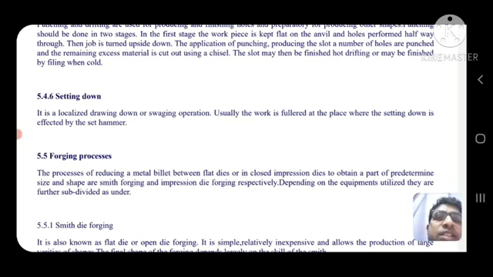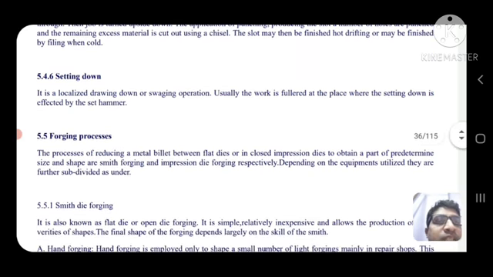Then the job is turned upside down. In the application of punching for producing a slot, a number of holes are punched and the remaining excess material is cut out using a chisel. The slot may be finished by drifting or by filing when cold.